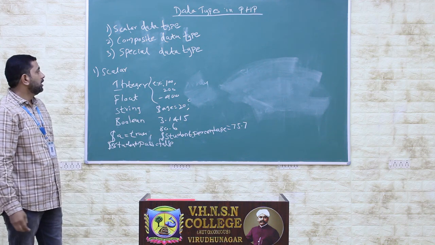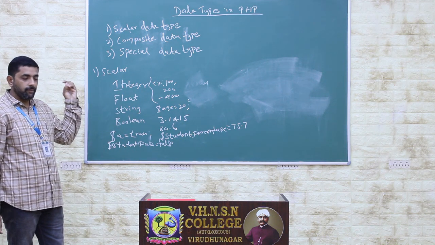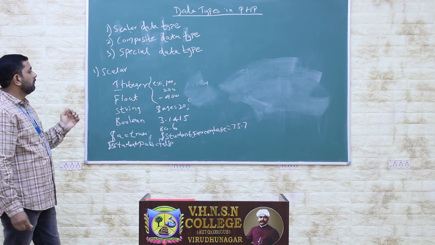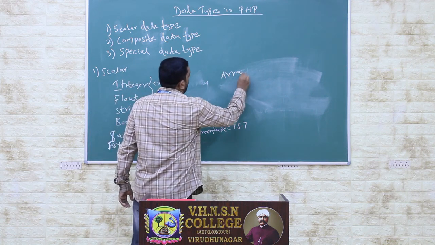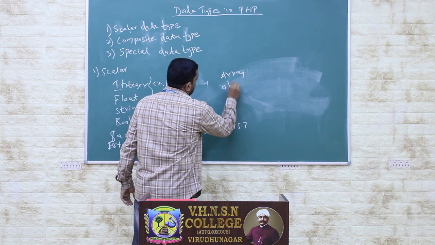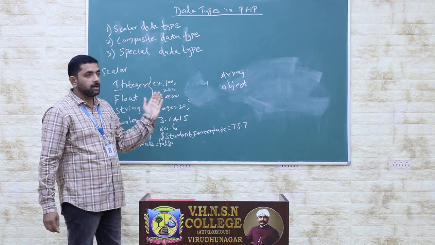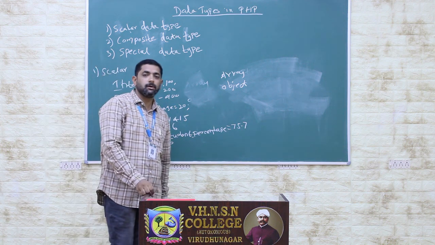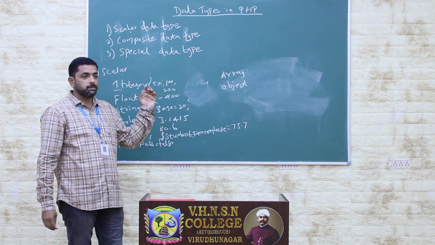Composite data types can hold multiple values while creating a variable or constants. For example, array and object. Array, as we know, is a collection of similar data types. Object and class are two important patterns in the OOPS concept, object-oriented programming. Right now we are not going to discuss the OOPS concept.